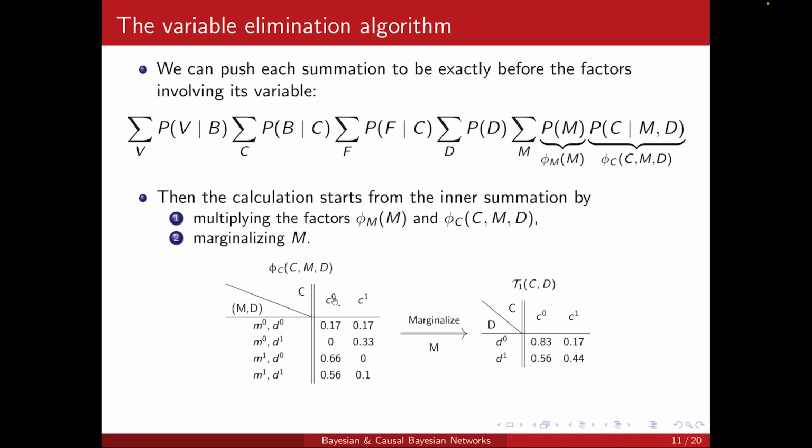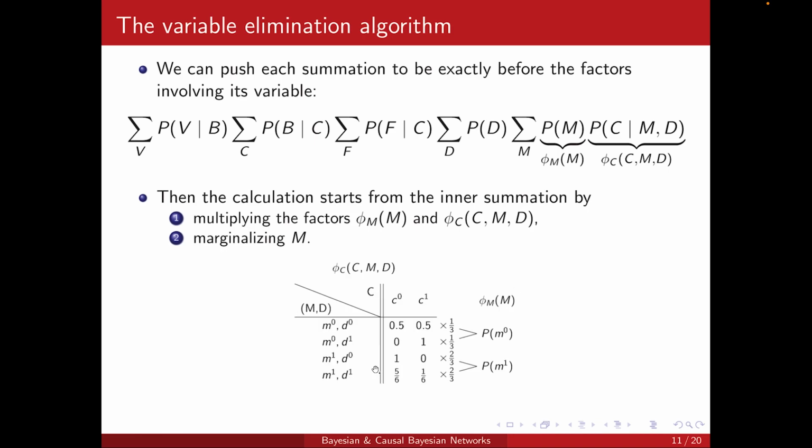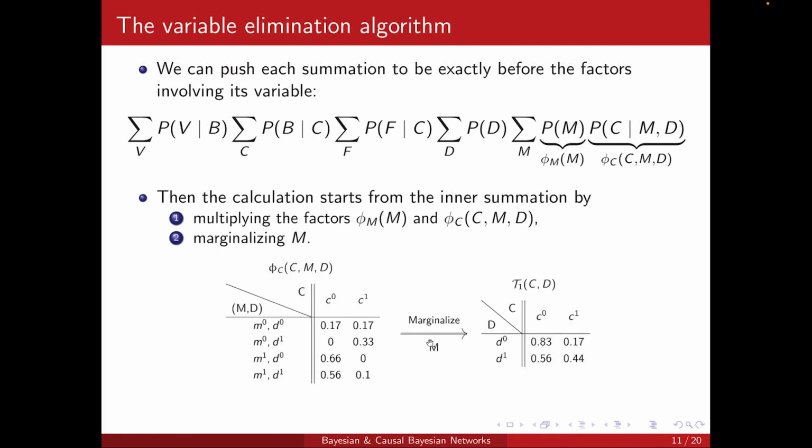C0, C1 still appear here as before. D1, D0 also appear as before on the left-hand side of the table. It's just that M0 disappeared. So again, we multiplied this row by 1/3 and this one by 1/3 and added them up, and if we do this, we end up with these numbers.